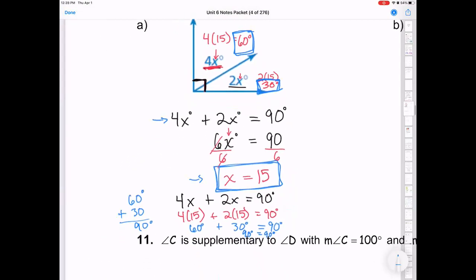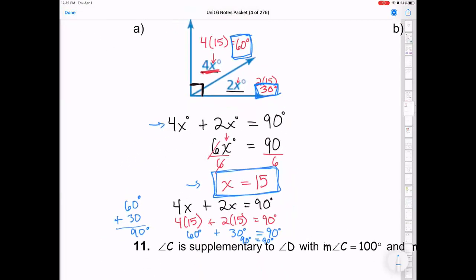So you did all that work. Then this is the check, as always. We normally check it. And then also, we're finding those angle measures for each one. Okay? So that's why those are important as well. So I need all of those components in order to get full points on the homeworks and quizzes, okay? And tests.